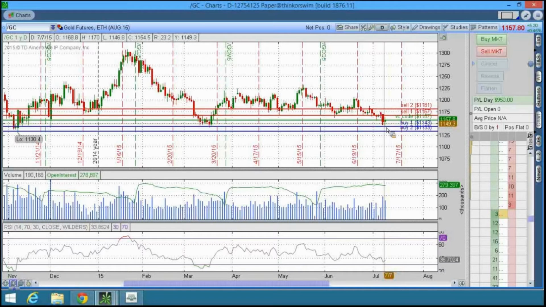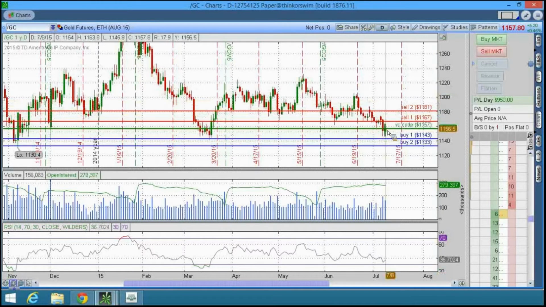And today's low was 1143 on the buy one. The market came down to 1145.90. We're at 1157.80. If we close above 1157, then I would say it's indicating a very high potential that this could be the lows today.